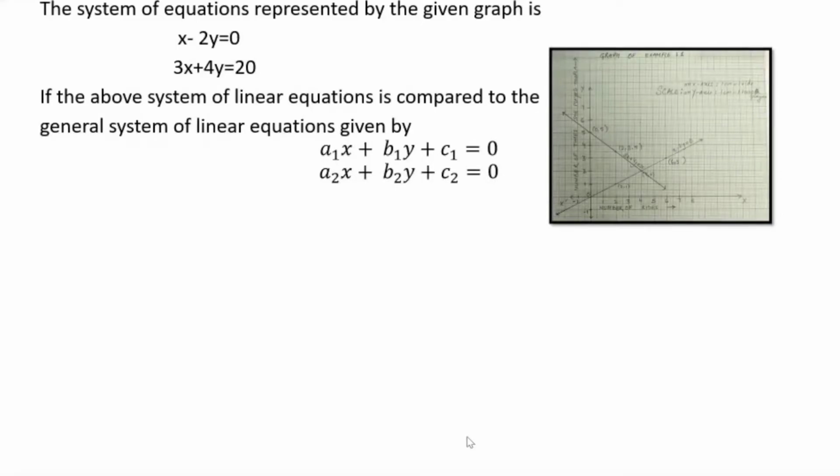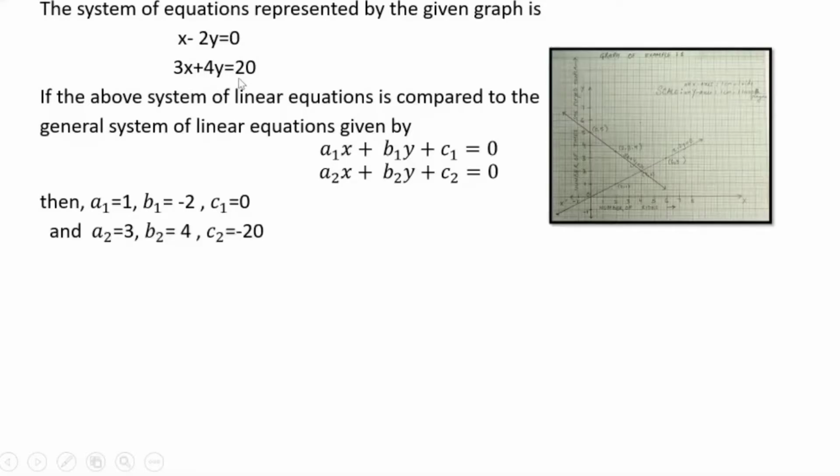So if I take these two equations and compare them with the general form of equations, then I can say that a1 is equal to 1, b1 is equal to minus 2, c1 is equal to 0. And if I take this equation and compare it to a2x plus b2y plus c2 equal to 0, I get a2 equal to 3, b2 equal to 4, and c2 will come out to be minus 20.